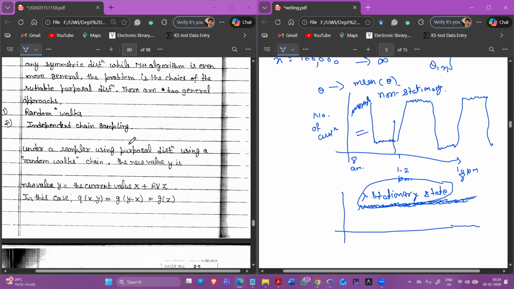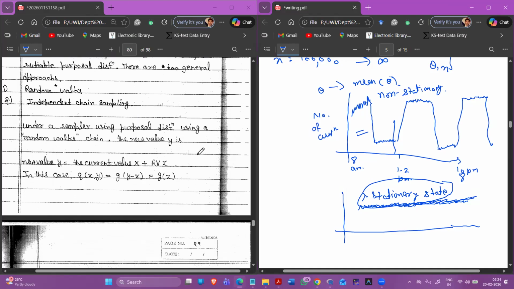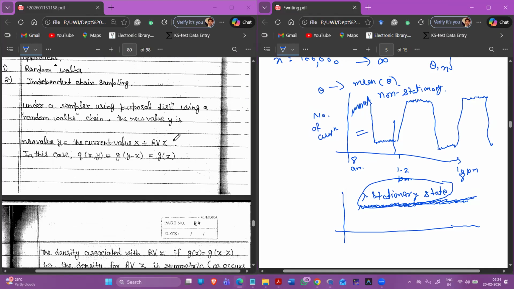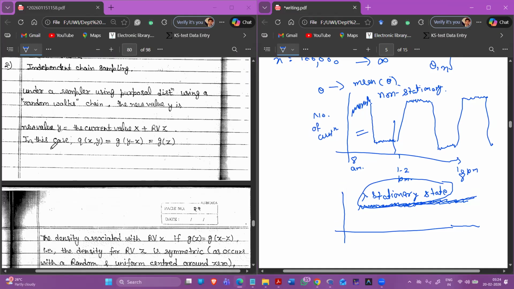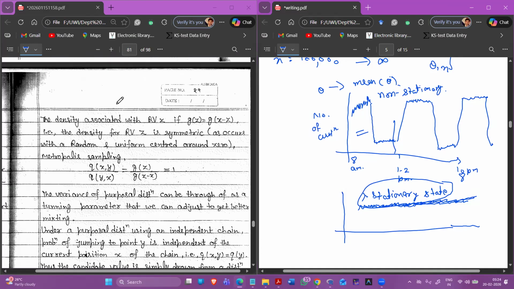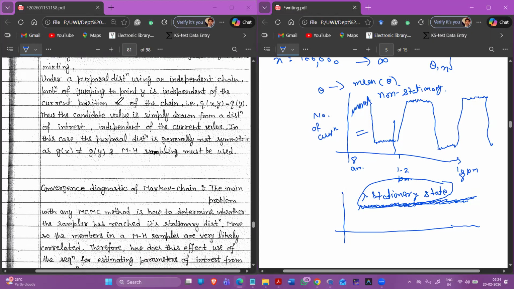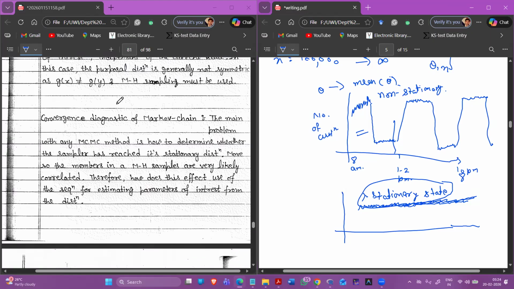Under the sampler using the random walk chain, the new y equals the current value of x plus a random value z. That is one way to find your proposal distribution.